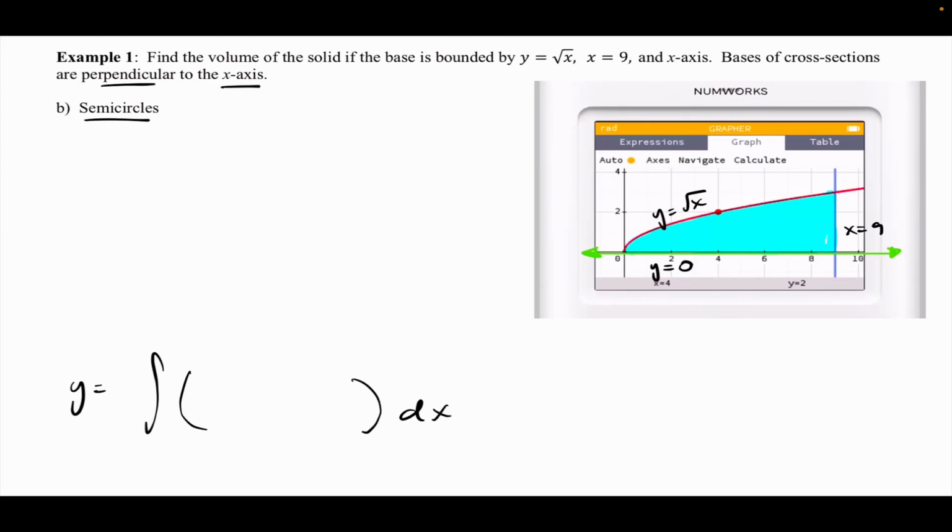The only difference here is that they're not squares. This time they're semicircles, half circles. So we're going to have half circles that extend from the red to the green.